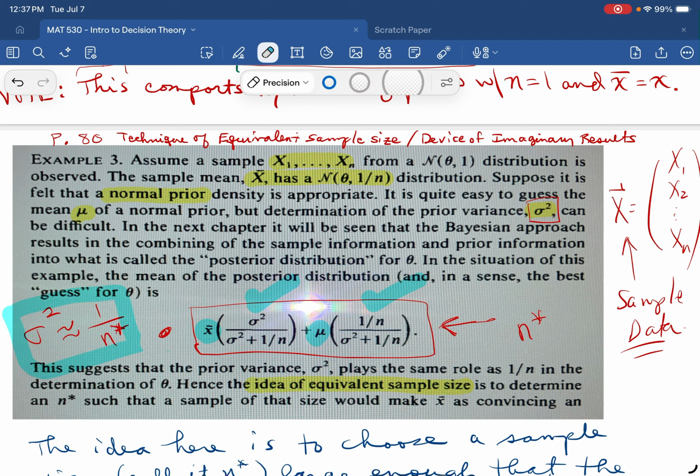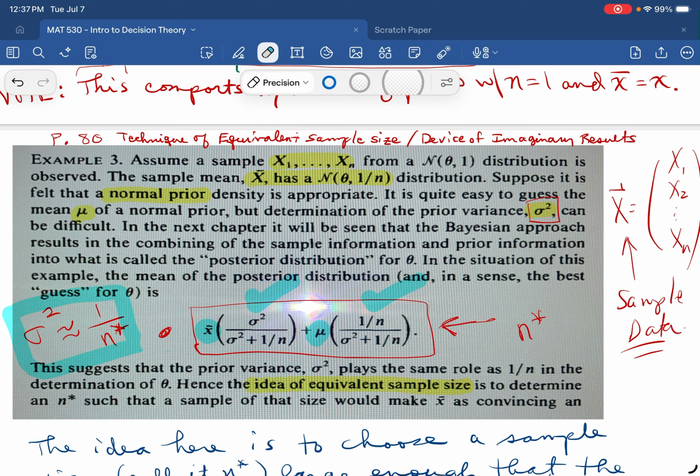Now remember, we have to always be cognizant of the things that are known and the things that are unknown. We're assuming that we know what the prior mean is. That's usually easier to determine. n changes with our sample size. And of course, x bar is the particular realization from the sample. So here's the idea.